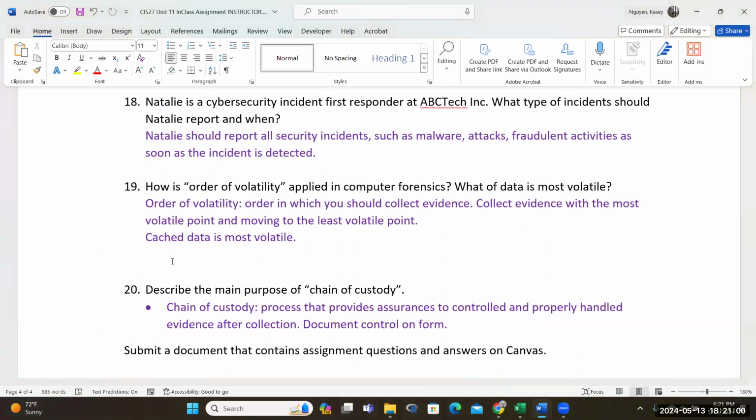And when it's handled by someone else, that gets documented. This is just to assure that your evidence is intact and not being mishandled or tampered with. We would use a type of form. There are many different templates online, so you can create your own form, simply to state who accessed the evidence and when it was accessed.